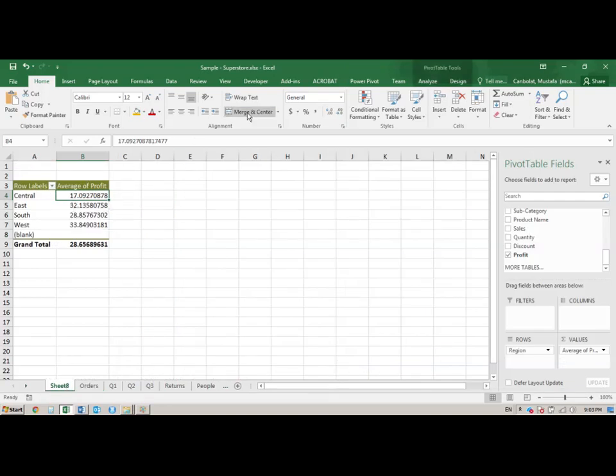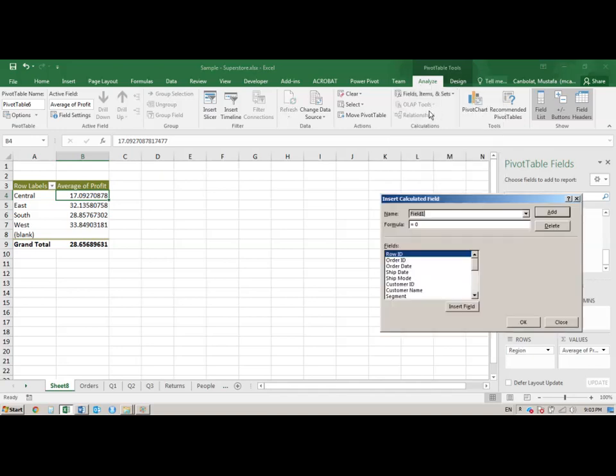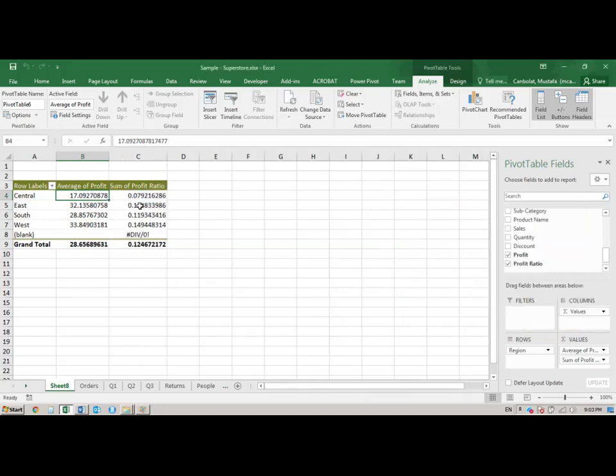We will go to Analyze, Fields, Items and Sets, and add a calculated field. My field is profit ratio, and the formula is equal to profit divided by sales. I'm just going to click OK.